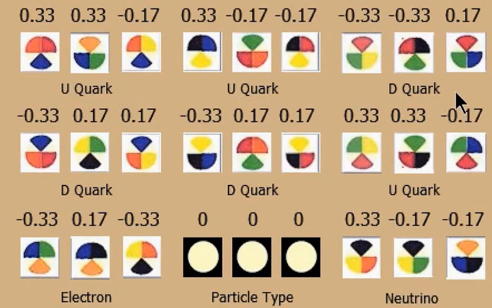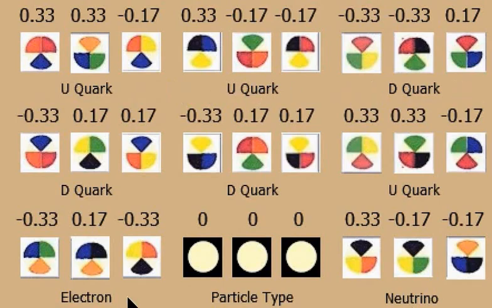And if we go over here, we have the D quark, and we see that the D quark also had a left-handed sum of spin. And we have minus 1/3 plus 1/6, which gives us minus 1/2 for the weak charge on the generic D quark. And these are the weak charges which are indicated by the standard model.